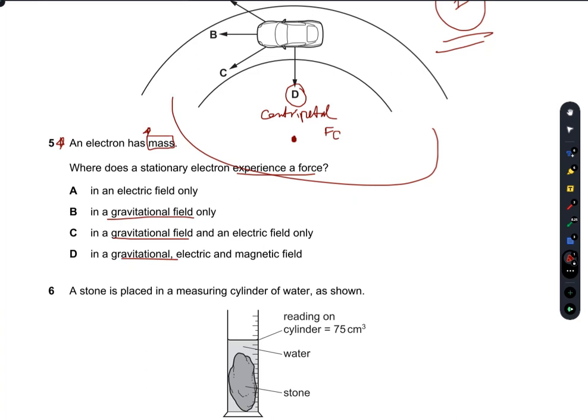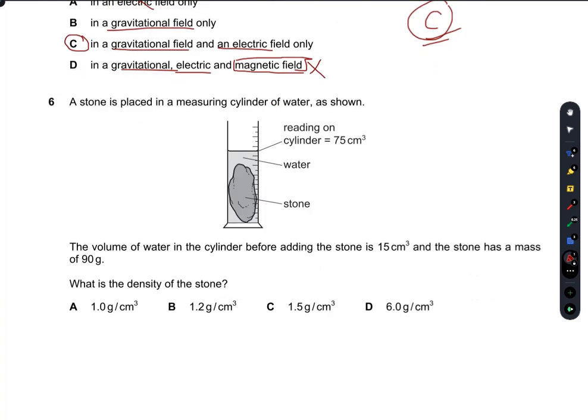And it is an electron, so it will also have an electric field around it. But will it have a magnetic field? No, it will not have a magnetic field because it is not moving. It is a stationary electron. So only the gravitational field and electric field would be exerted by this electron. So C is the right answer.